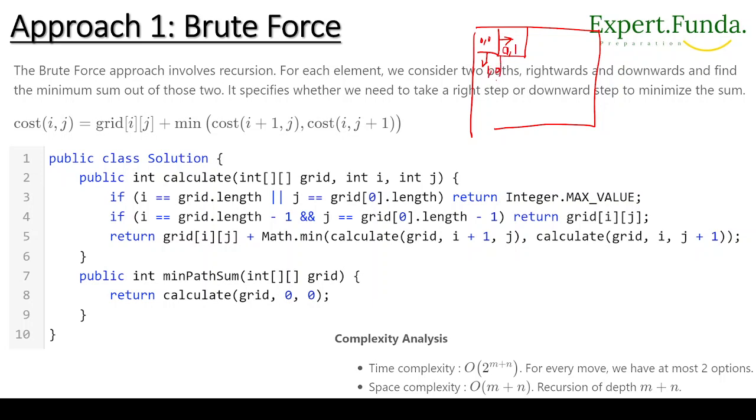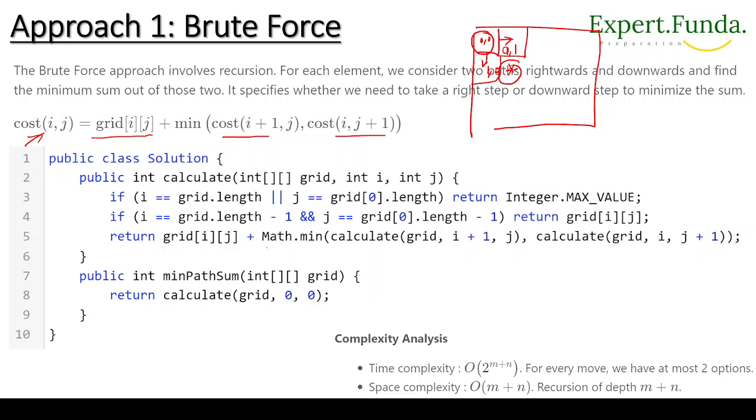Either you go this direction or this direction, whichever is smaller will become your answer here. And that is why, to calculate this cost, we take the current value whatever we have here, plus the minimum, whichever one is minimum will come here, and that is why we are calculating like this.